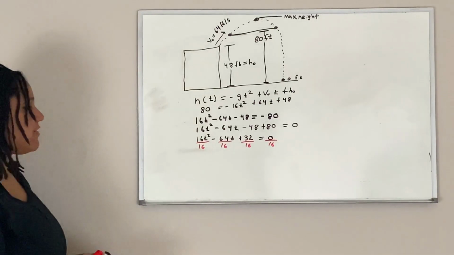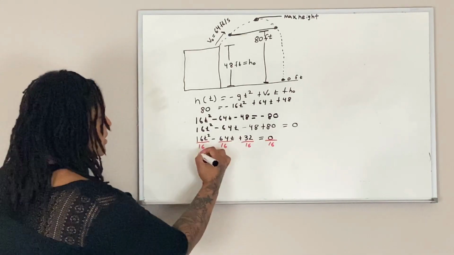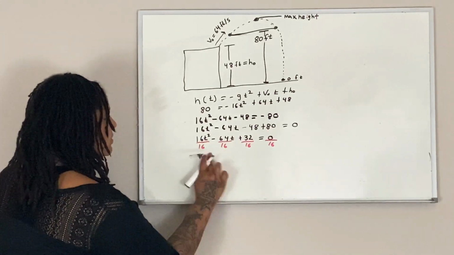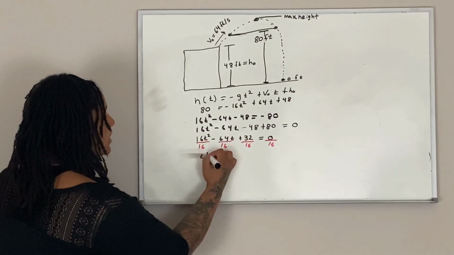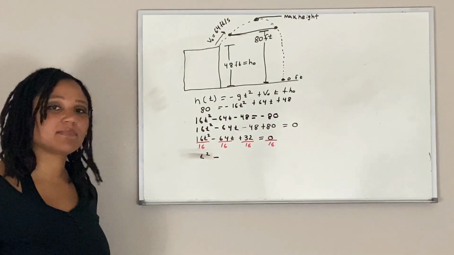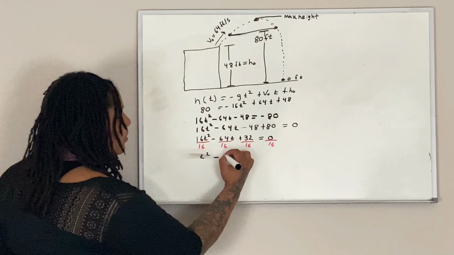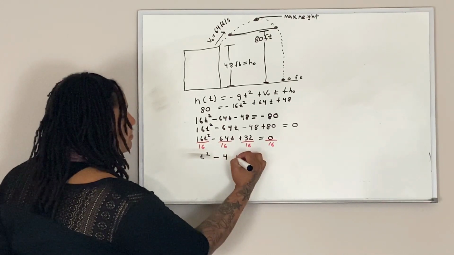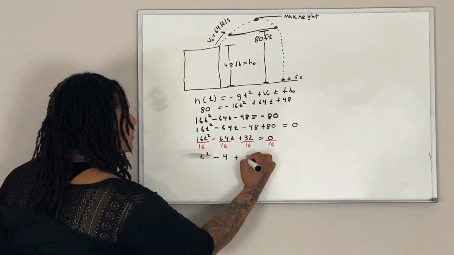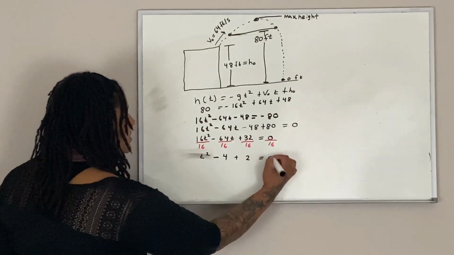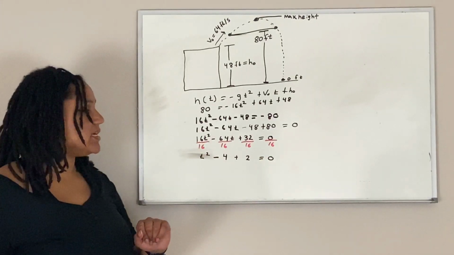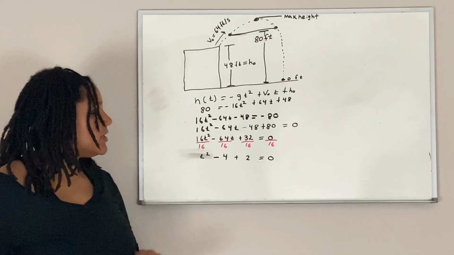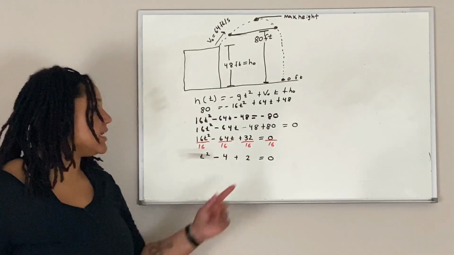Okay, and now we're left with t squared minus 4t plus 2 is equal to 0, right? Because 64 divided by 16 is 4, and 32 divided by 16 is 2.